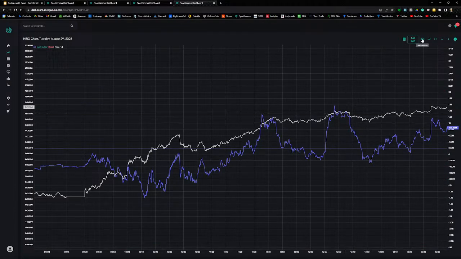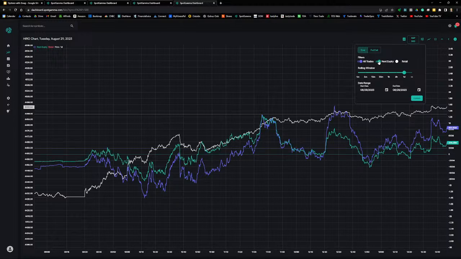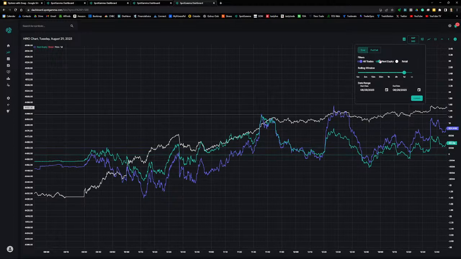So today, let's take a look at the next expiry, which would be the 0 DTE, and that subduing action of options traders is still there, but not as prevalent as yesterday.